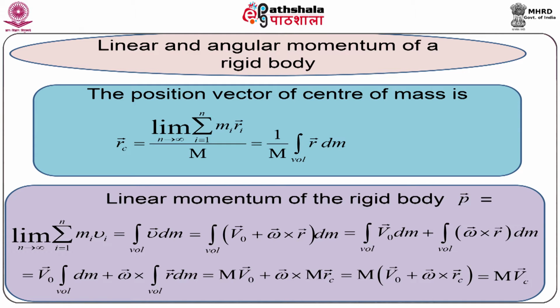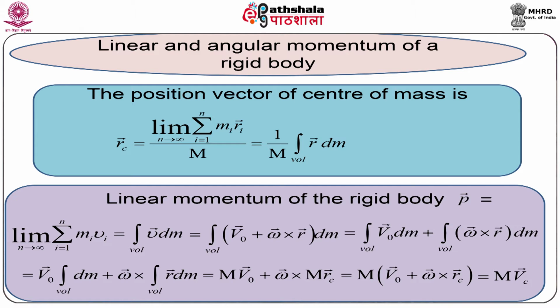If small p vector be the linear momentum of the rigid body, then we define small p vector for a large number of particles, considering that a rigid body consists of a system of particles.